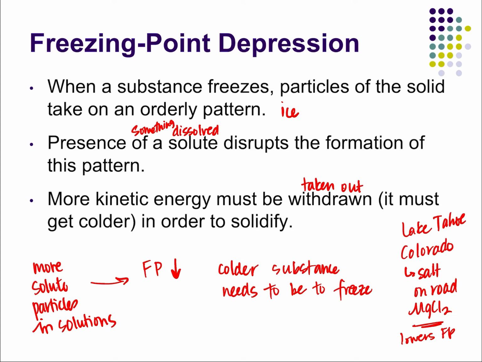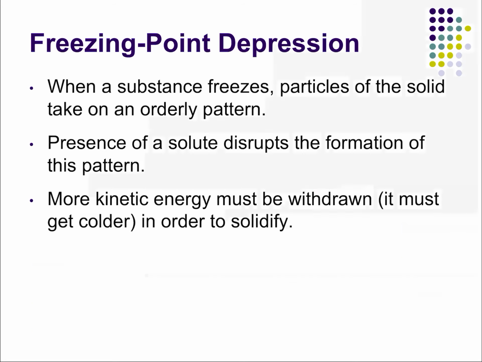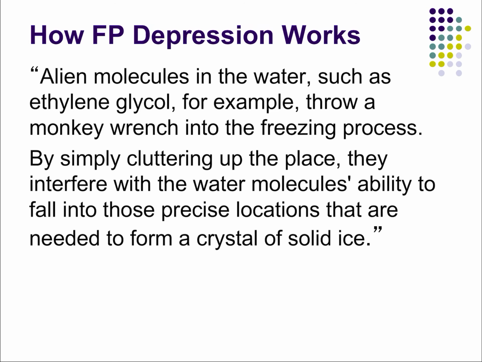The presence of these ions lowers the freezing point. So even though the normal freezing point of water is 32 degrees, it needs to be a much lower temperature for the roads to freeze up so that it's not as treacherous or dangerous. And other times you might go somewhere and they sprinkle salt on the sidewalks, it's the same thing.